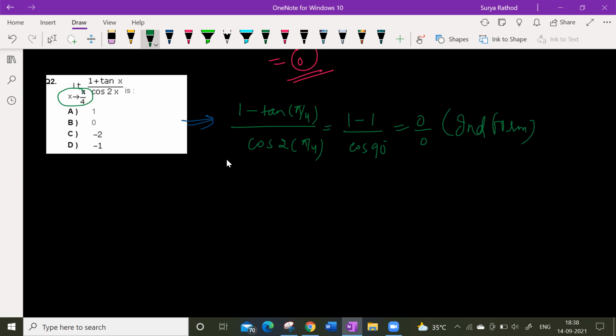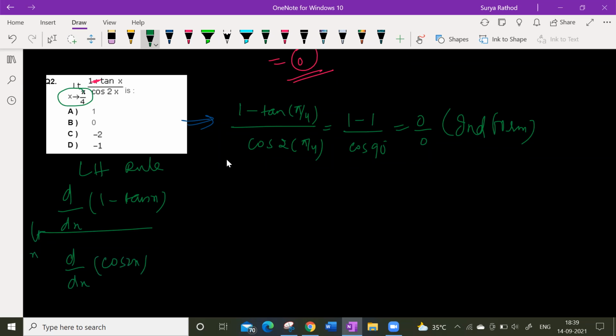If it is indeterminate form, look at it here. It should be minus here. If it is minus, now look at it, d by dx of the numerator, by using L'Hospital rule, d by dx of numerator and d by dx of denominator.